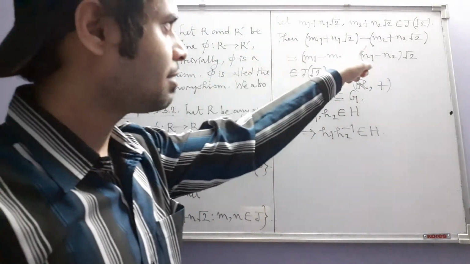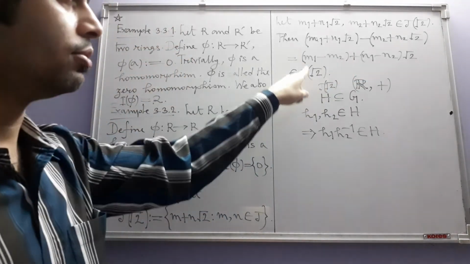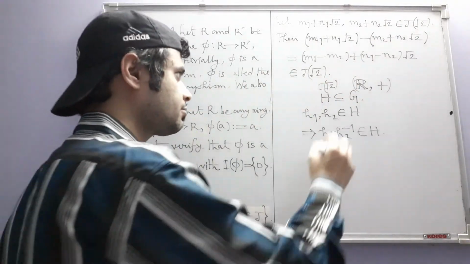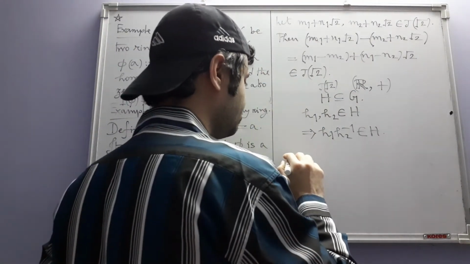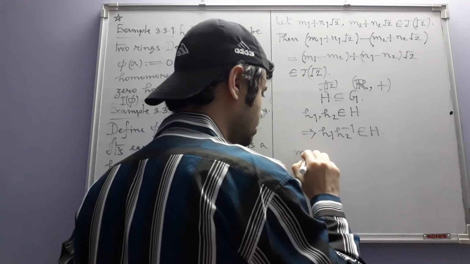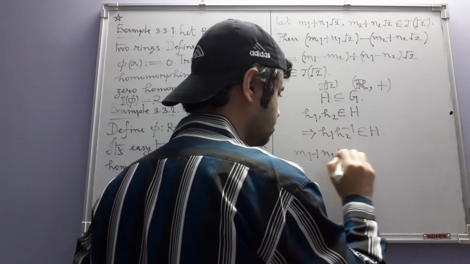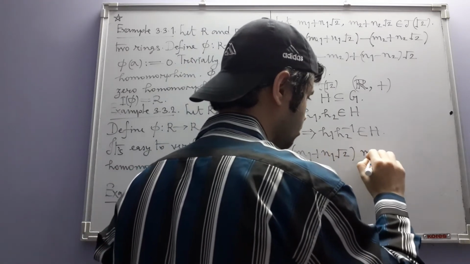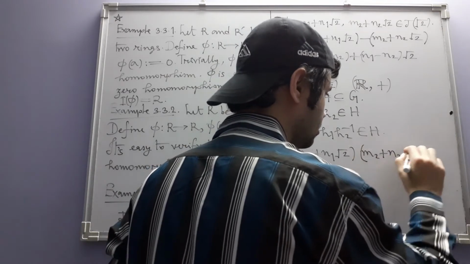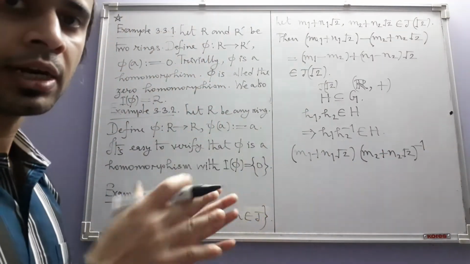So here we have shown that this element belongs to J root 2, where these two are any elements in J root 2. And keep in mind that if I write this element m1 plus n1 root 2, m2 plus n2 root 2 inverse, this is the notation in a general group.